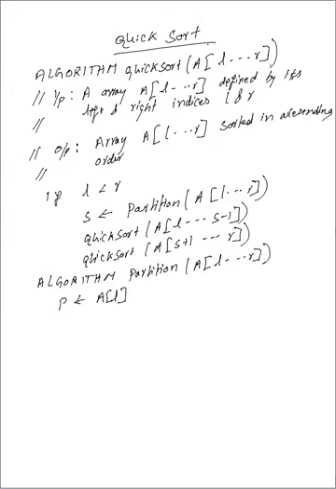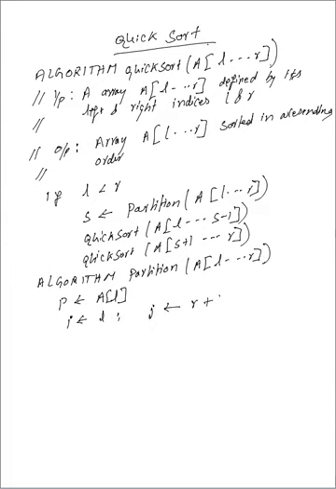It will start with the 0th element. So let the pivot element P be the first element. Then I will start with L, and J will always start with R plus 1.